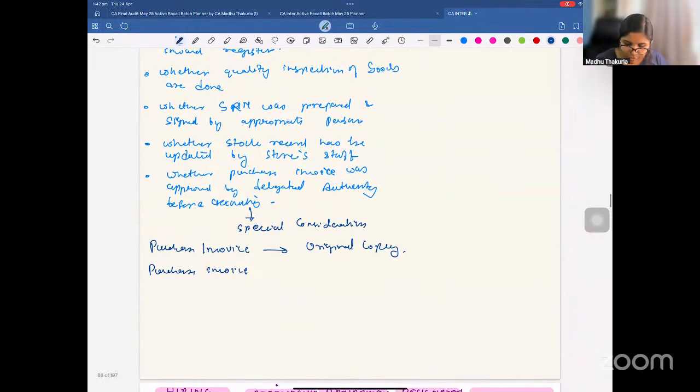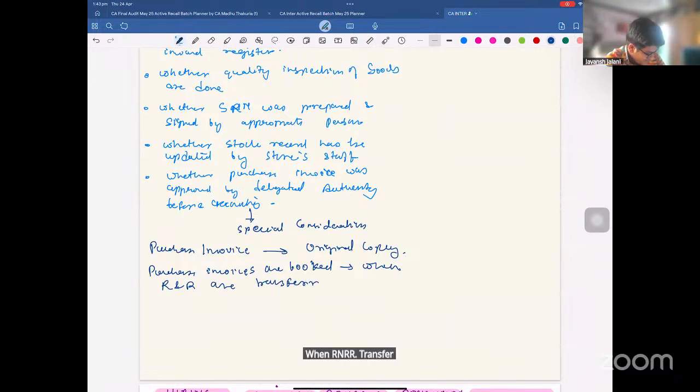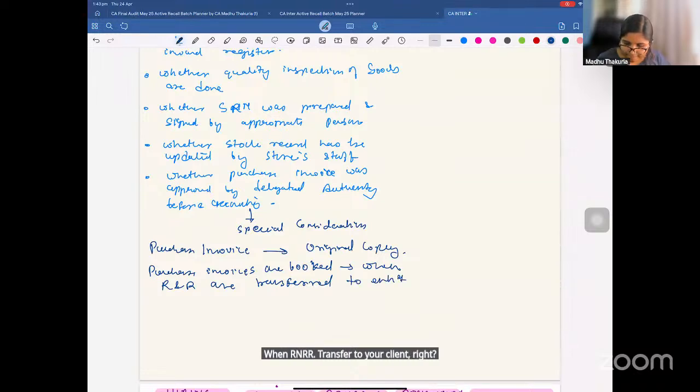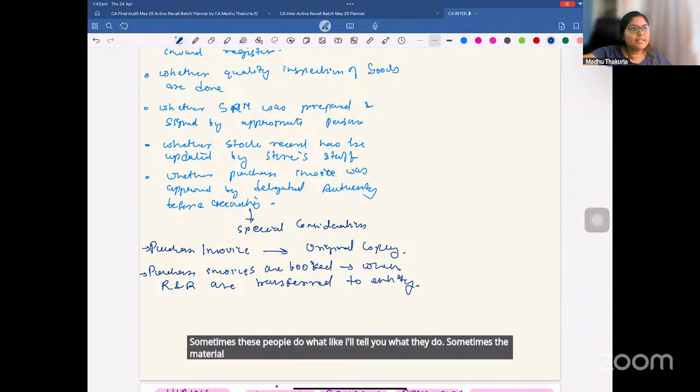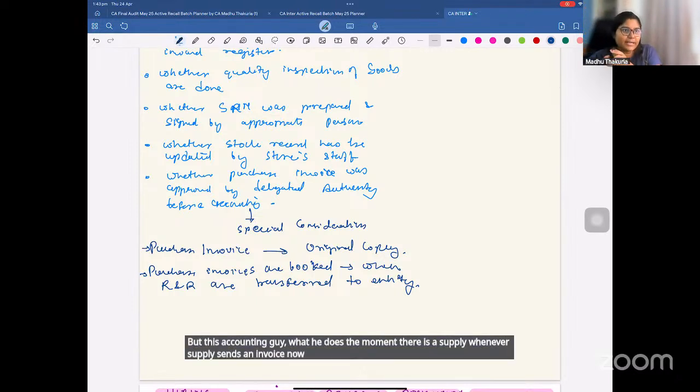Now, purchase invoices are booked when risk and rewards are transferred to your client. Sometimes the material has not even been received at the factory, but the accounting person, the moment the supplier sends the invoice, takes a snap or the PDF copy and sends it to the customer over email saying we have dispatched your material.